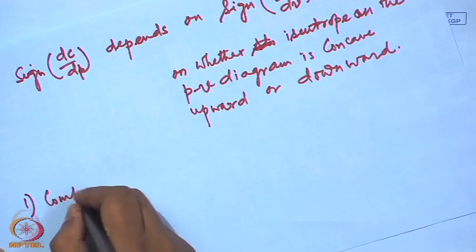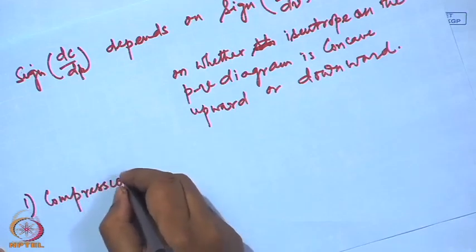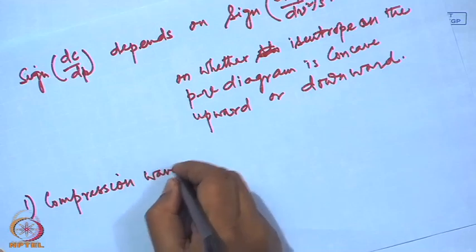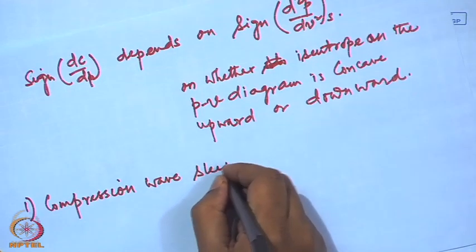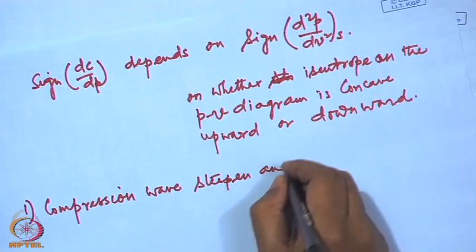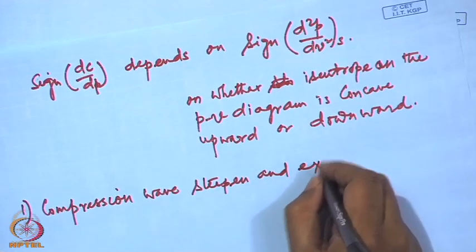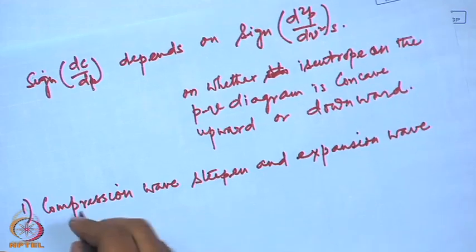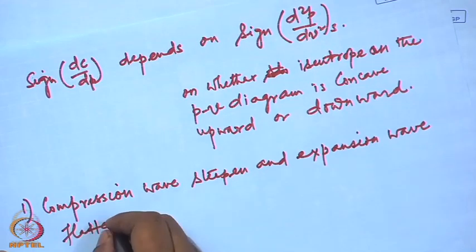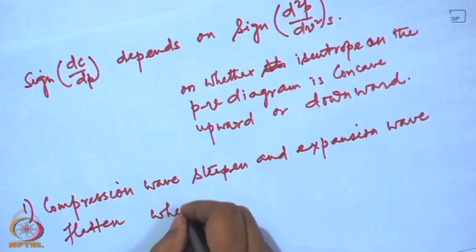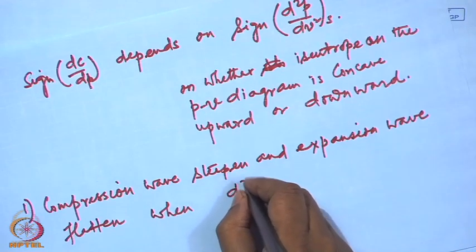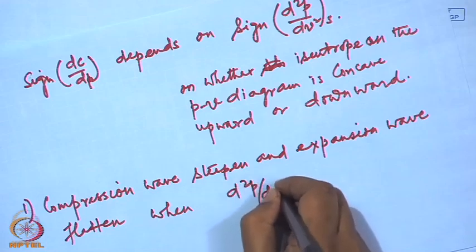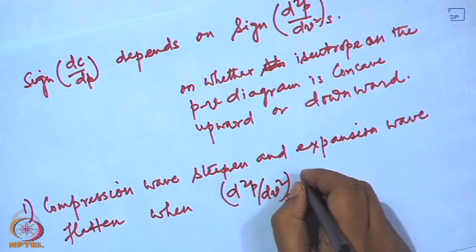So, as the result you can write that the compression part of the wave, or compression wave, will stiffen and the expansion wave will flatten when d2P/dV2 is positive.